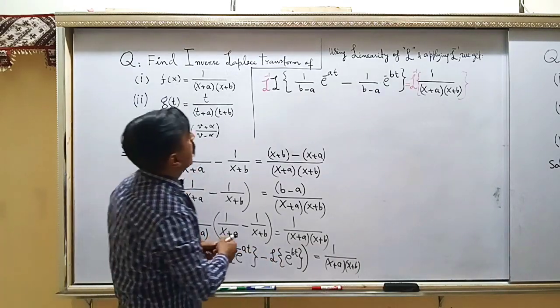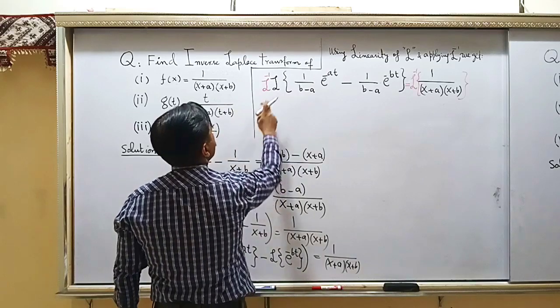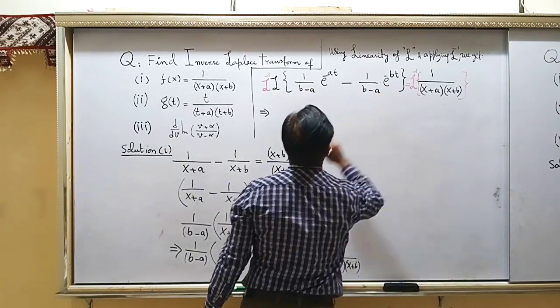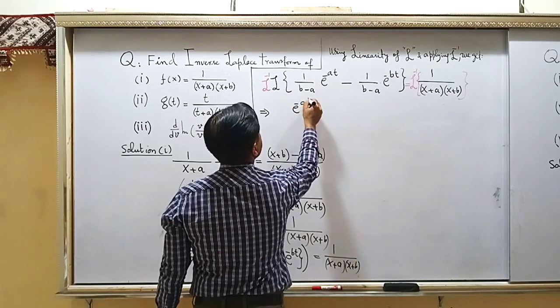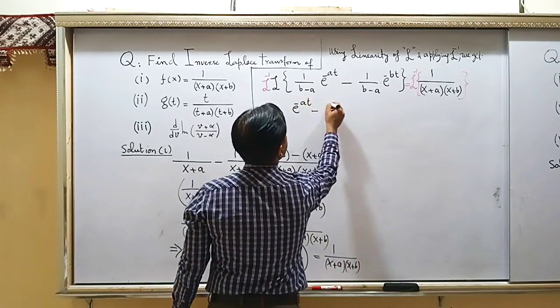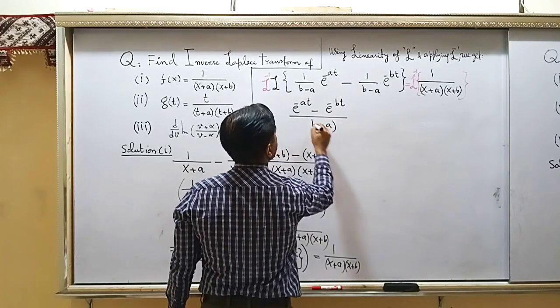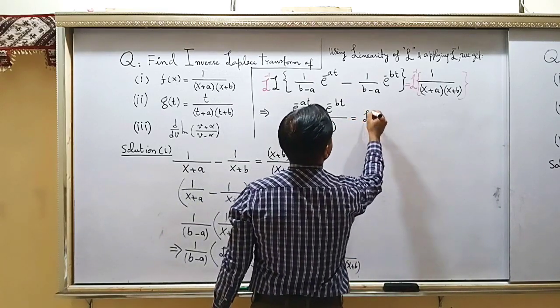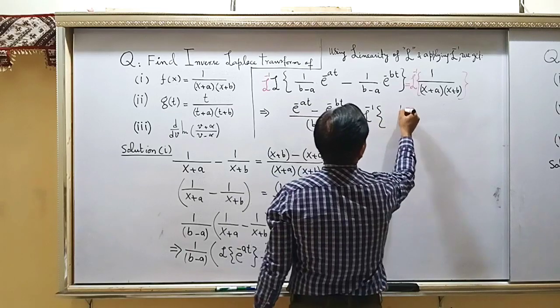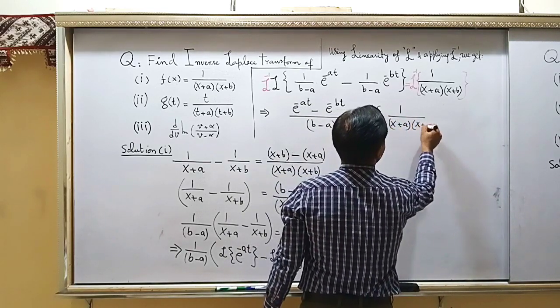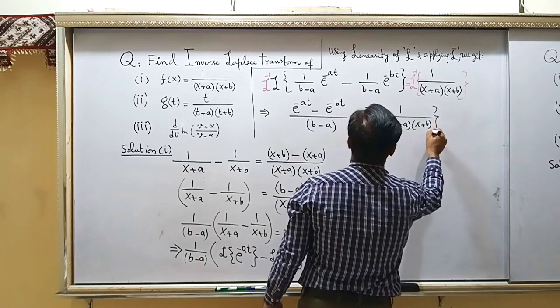Now this will be cancelled because this is the identity, and you can simplify it: e to the power minus at minus e to the power minus bt over b minus a, and this is the inverse Laplace transform of 1 over x plus a and x plus b.